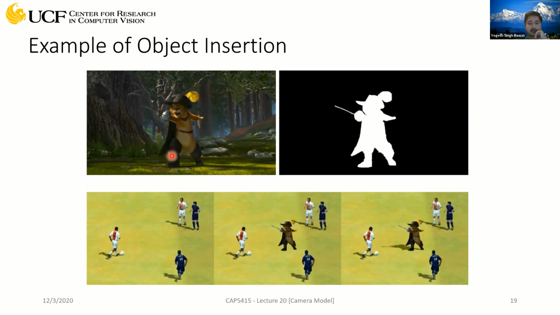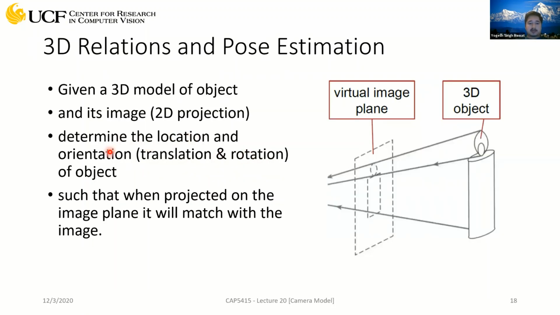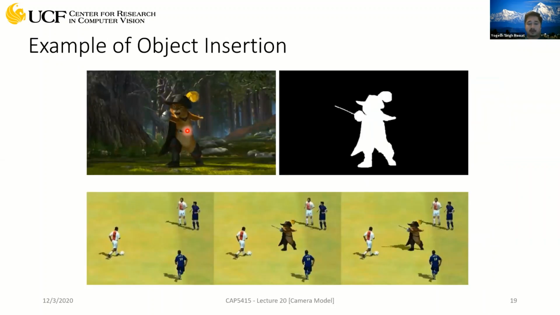So if we have this object here, and if we know the translation and rotation of this object, or the orientation of this object in the 3D world, right? Then we can use that information and project the same object in a new image. For example, in this case, the second image here.